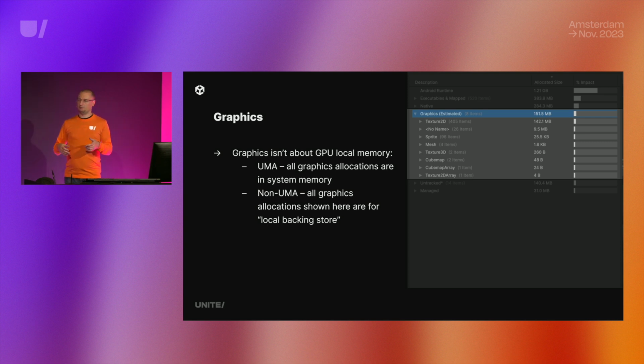And what drivers do, they allocate memory for any resources that you use, which is called local backing store if you profile on Windows. I don't remember how it's called on macOS, but the fact is that drivers maintain a kind of shadow copy of your resources for cases when they are asked to evict all resources associated with your application.